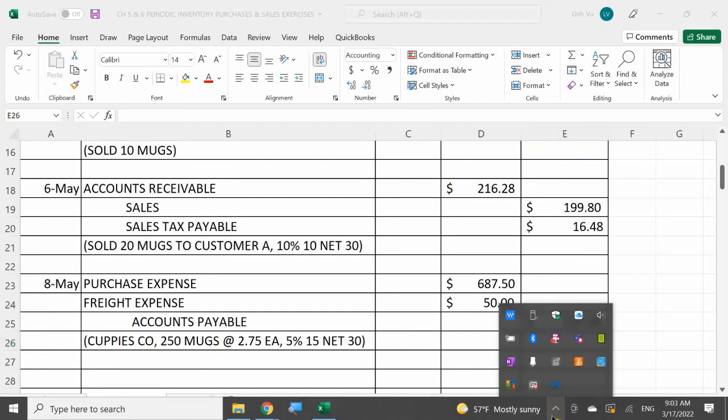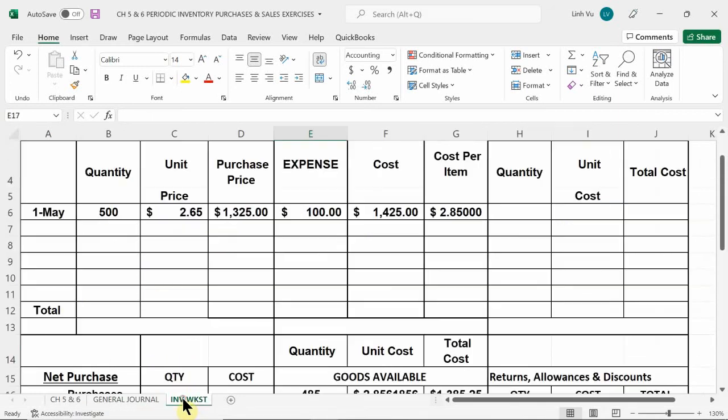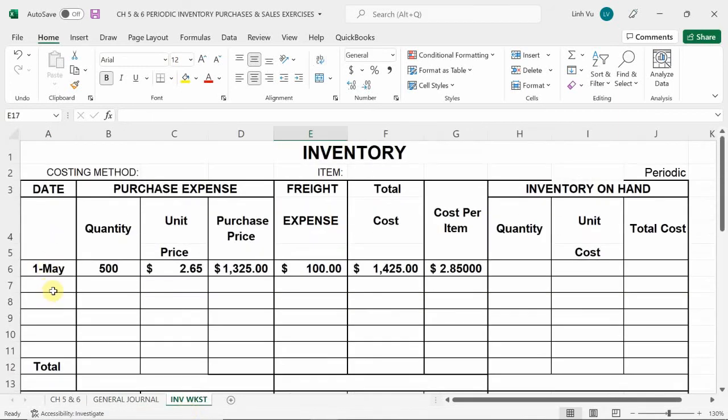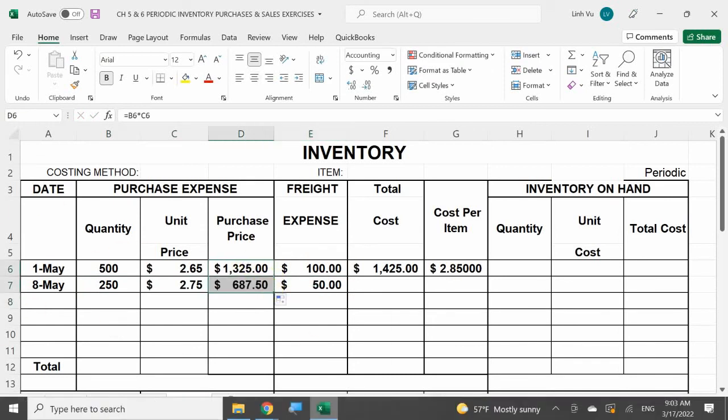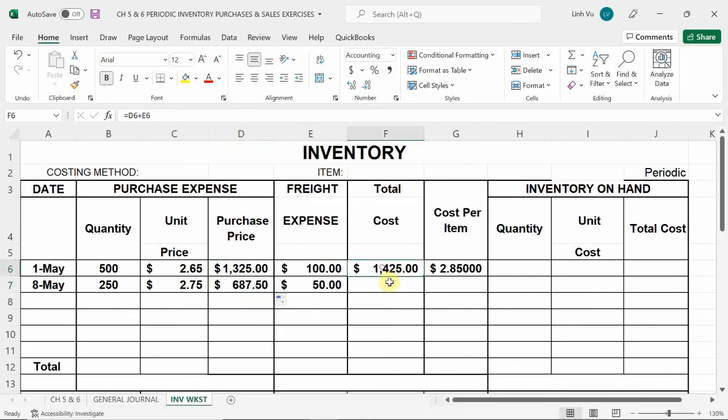All right, and then with that $737.50, we're going to plug our numbers into our inventory worksheet. Okay. Under purchases, it is May 8th. We purchased 250 units at $2.75 with a freight of 50, which here we know to be $687.50, plus my freight gave us $737.50.